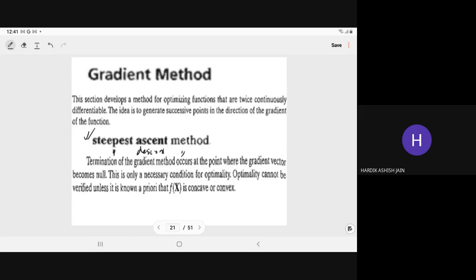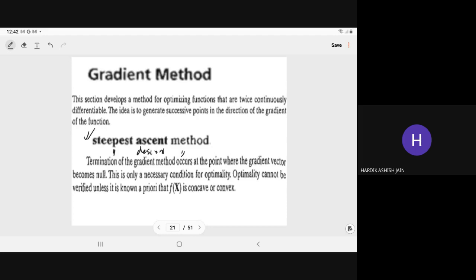There is only a difference of a minus sign, because in ascent we increase the value of f, and in descent we decrease the value of f.